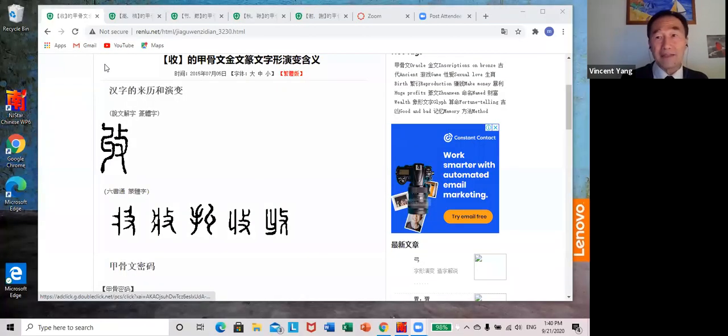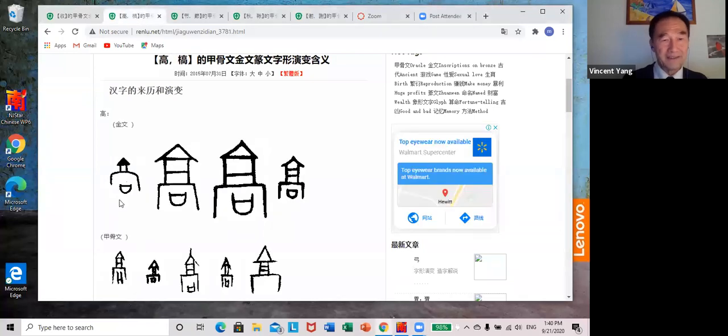All right, now we'll see this one, 高. 这个是高字. You see, the bottom part is actually, first you have a foundation, okay, and in the oracle bone script, that's much earlier, close to 2000 BC.